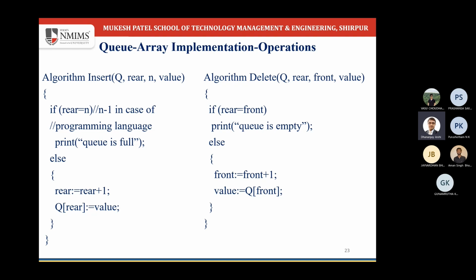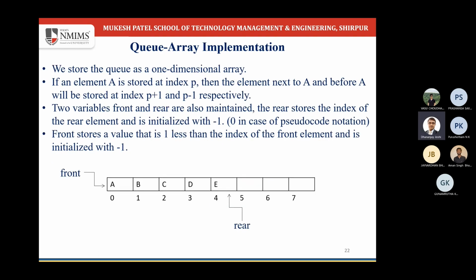And look at this condition, when will the queue be empty? The condition is rear equal to front, and it is not front equal to -1 or rear equal to -1. Okay. So rear equal to -1 will definitely signify that the queue is empty.